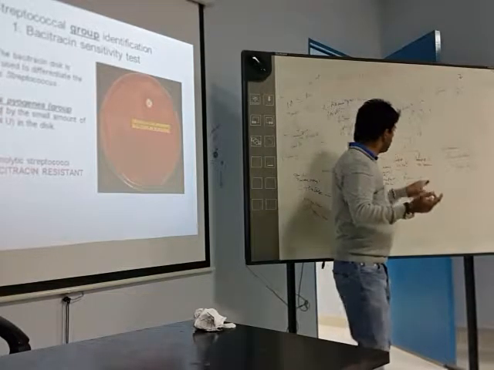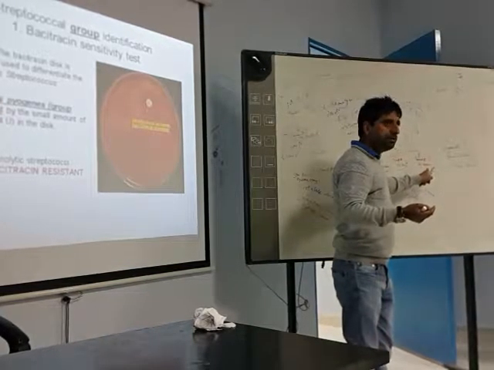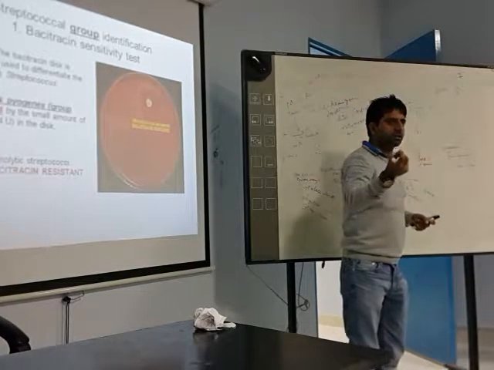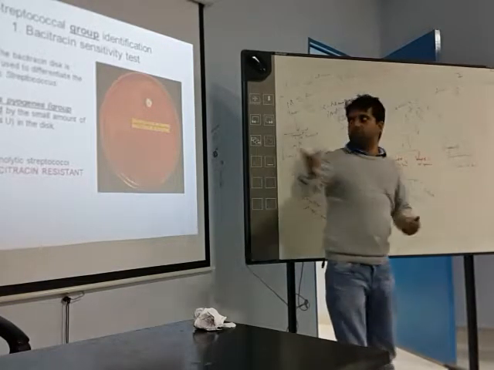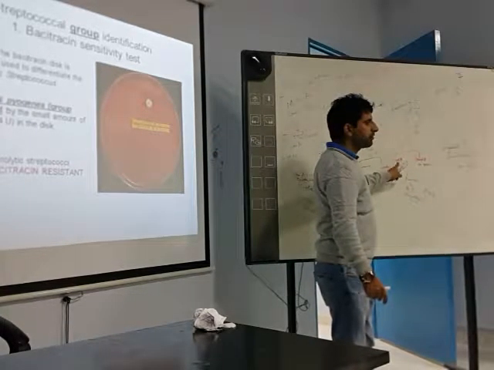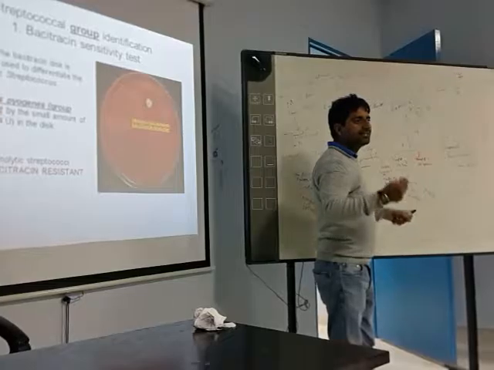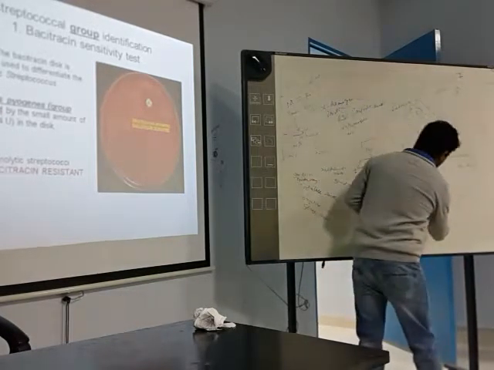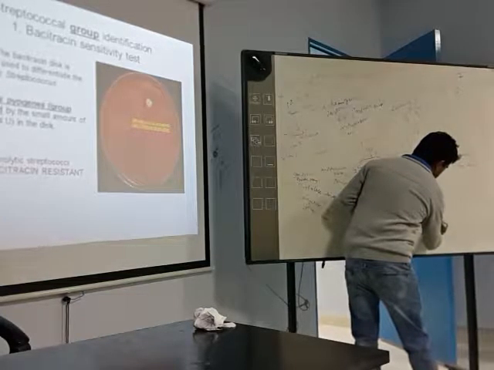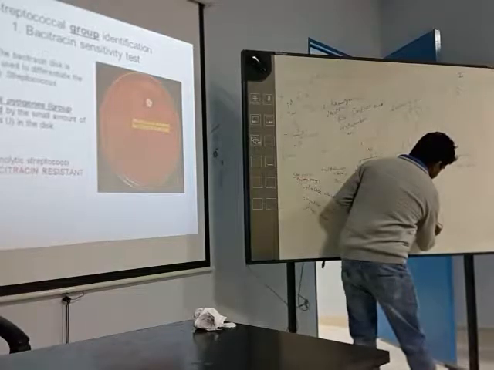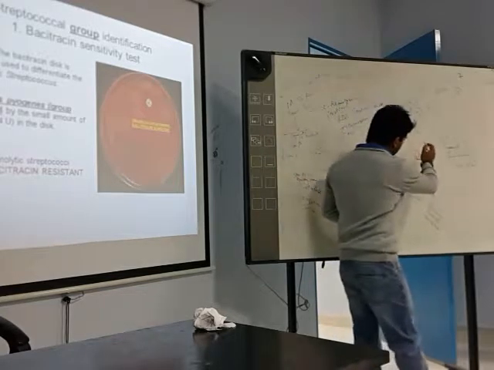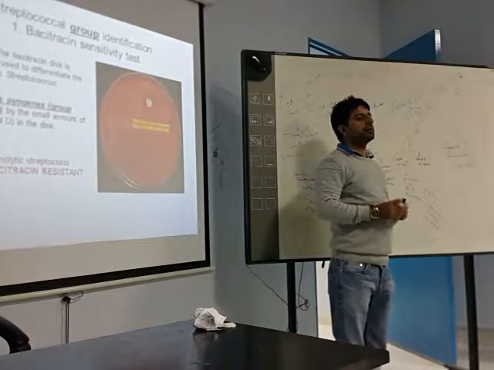If you want to differentiate between group A and group B Streptococcus, you can use the bacitracin antibiotic sensitivity test. What you will see: pyogenes will be bacitracin sensitive. Group A Streptococcus, pyogenes, will be sensitive. The growth of pyogenes will be inhibited by bacitracin. All other beta hemolytic groups are resistant.